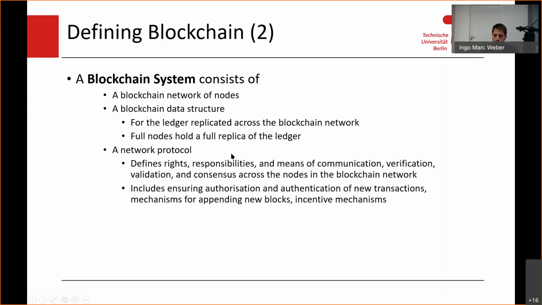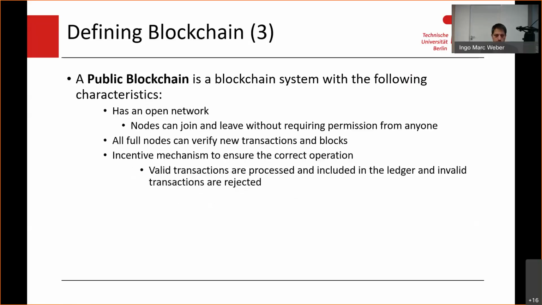A particular type of blockchain system is a public blockchain, which has a few specific characteristics, like an open network. As per our definition, it needs to have the feature that each full node can completely verify new transactions and blocks, as well as an incentive mechanism to ensure the correct operation, like the block rewards and the fee structures, etc.